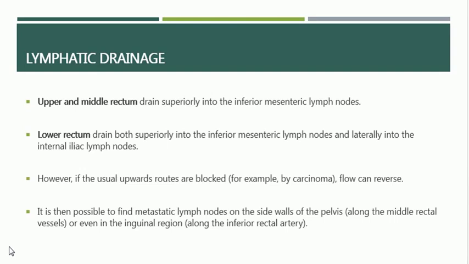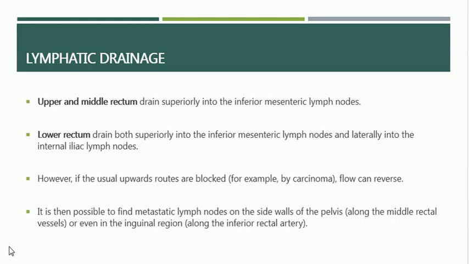Upper and middle rectum are basically these two thirds, which have a relation with the peritoneum. The lower third is extraperitoneal. So the upper third and middle third of the rectum drain superiorly into the inferior mesenteric lymph nodes.